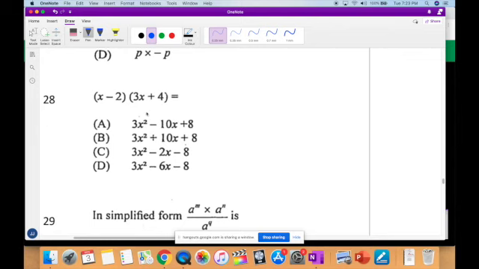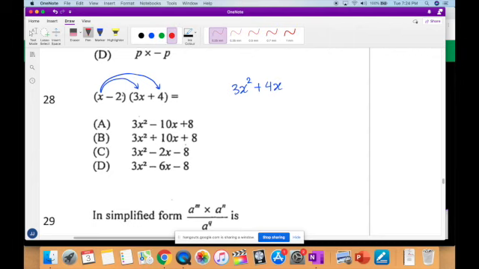28. This is just a matter of the distributive law. Again, we did this in class. You just take this x and multiply it by everything in these brackets here. So x times 3x is 3x squared. And then the same x times 4 will be positive 4x.